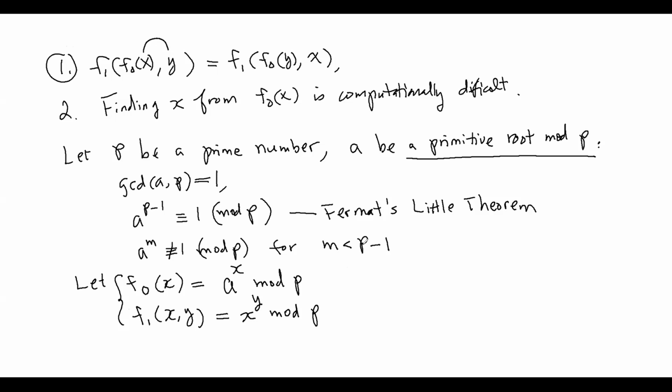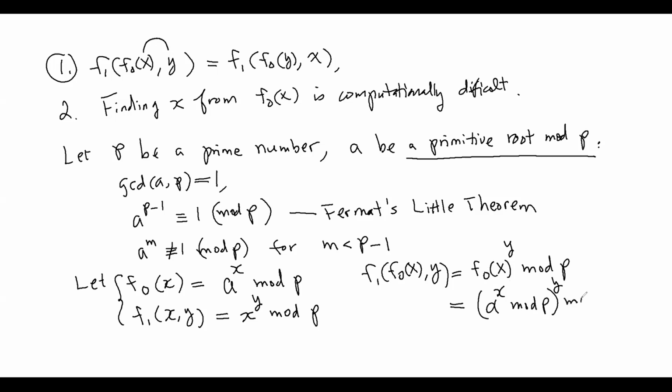Okay, so we see that f1 of f0 of x, y, by definition, is equal to f0 of x to the y's power mod p, and f0 of x is A to the x mod p, to the y mod p. So this will be equal to A to the xy mod p.